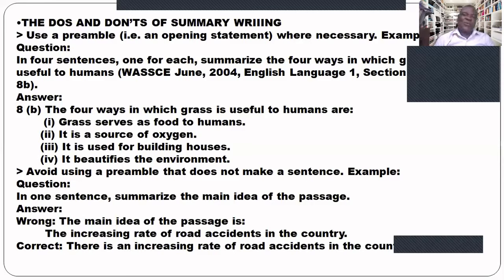A preamble is required for a question that requires you to present 2 or more sentences. All right? So it's wrong to say the main idea is, then you put a colon and you write the increasing rate of road accident in the country. That is absolutely wrong. Simply state it in a direct sentence here. There is an increasing rate of road accidents in the country, full stop.